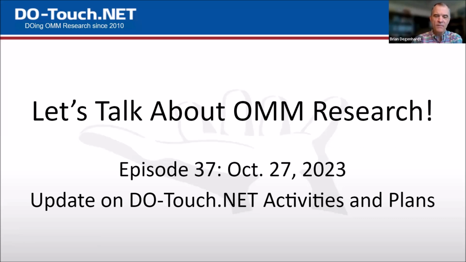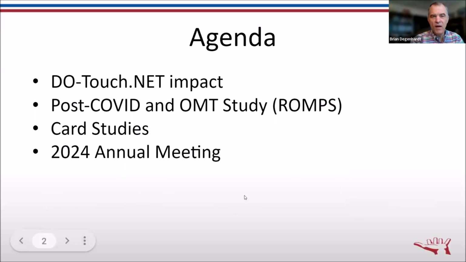And this month, as we do every 3 months, we give an update of the DO-Touch.NET activities and plans. So today we'll be looking first at DO-Touch.NET impact. Many times we just focus on the work that we're doing within the network, but there are things that are occurring around us as a result of the work that we do that we don't always appreciate.